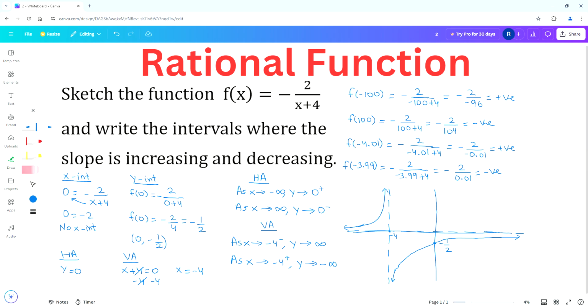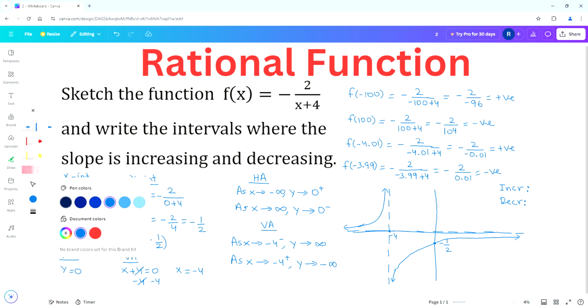Next, we have to write the intervals where the slope is increasing and decreasing. For that, we should draw tangent lines on these curves. Let's start with the curve on the top left corner. We can show the tangent lines like this.